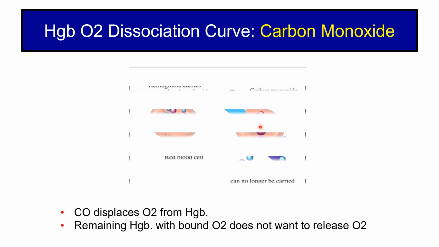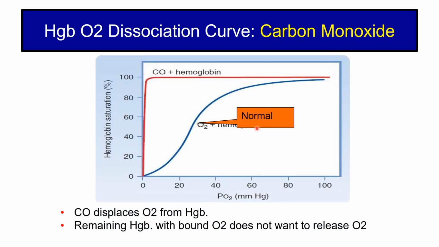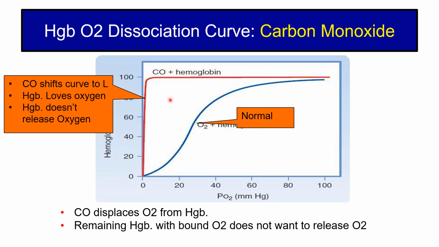Now, aside from that, the carbon monoxide is going to shift the hemoglobin O2 dissociation curve to the left, and therefore, in this situation, the hemoglobin loves oxygen and doesn't want to release oxygen. So it's a double whammy. Aside from the carbon monoxide displacing oxygen from the hemoglobin, the remaining hemoglobin with bound O2 does not want to release the O2 to the tissues, and therefore there will be severe tissue hypoxia.